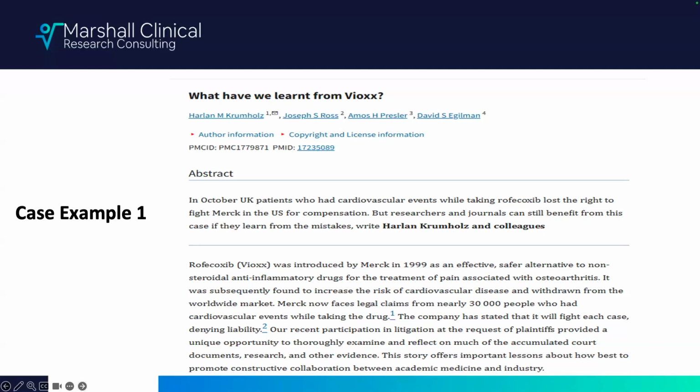This is pretty unusual, and I'm sure there have been lots of changes in the industry since then, and a lot of scrutiny goes into protocol submission or review to ensure that outcomes are not selectively reported like this, and hence the clinicaltrials.gov database.